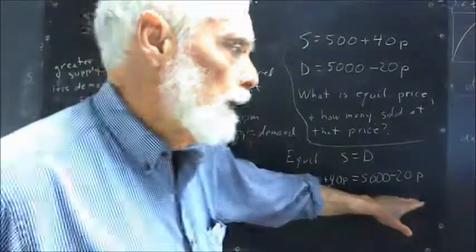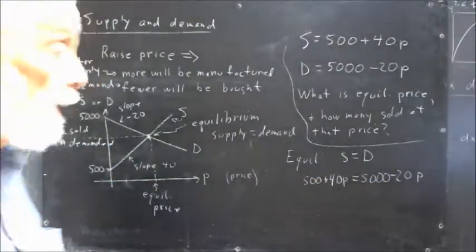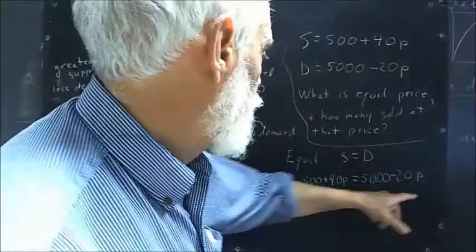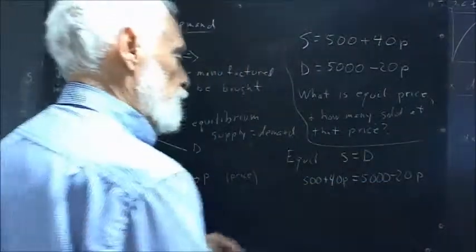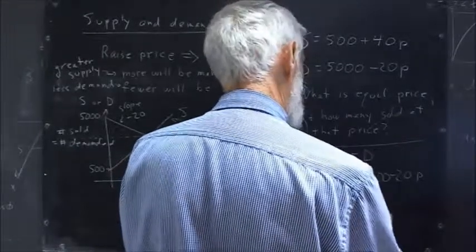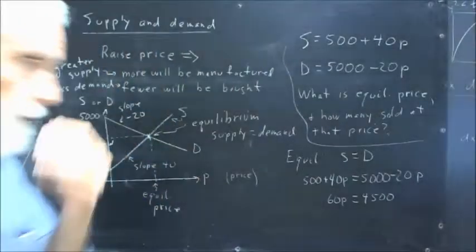And what do we have? We have a linear equation. Not only that, but it's a linear equation that's quite easy to solve. No fractions, no decimals, nothing tricky. We simply add 20p to both sides, which will give us 60p over here. We subtract 500 from both sides, which gives us 4,500 over here.